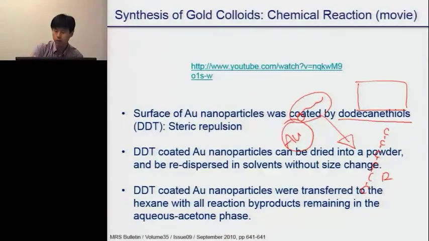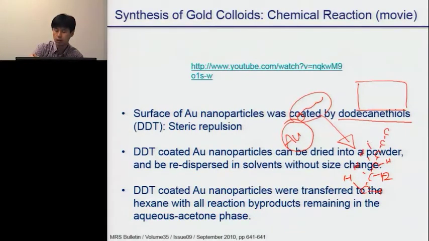12 carbons, each with hydrogens, and the last carbon has 3 hydrogens, and in the end there is a thiol group attached. So the number of carbons should be 12.